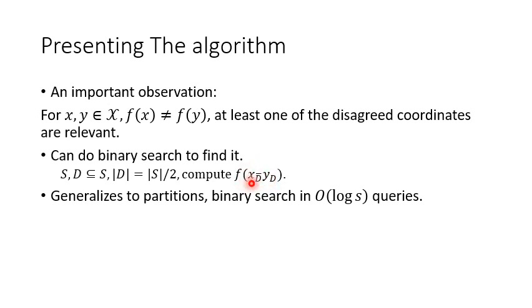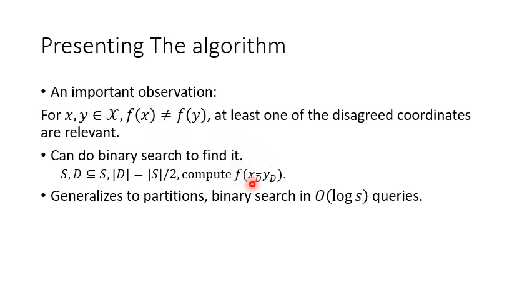Now, this input disagrees with x on the coordinates D. Before, x was disagreeing with y on S coordinates, and now that it agrees with y on D coordinates, the number of disagreed coordinates with y will also be half what it was before. So this hybrid input does successfully have only half of the number of disagreed coordinates that x and y had before.